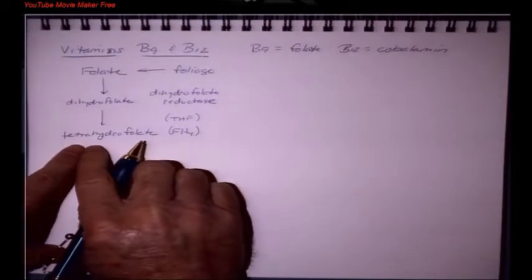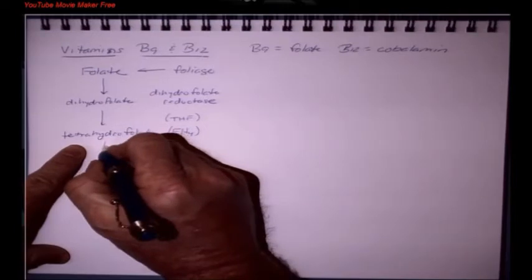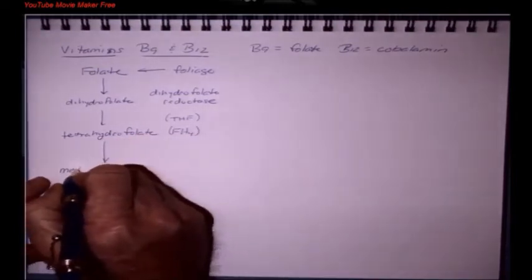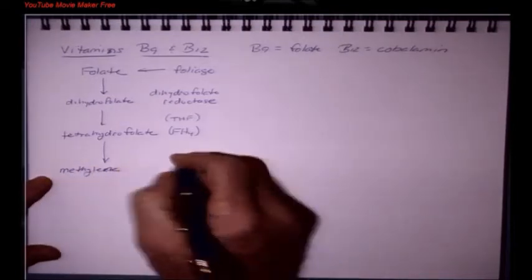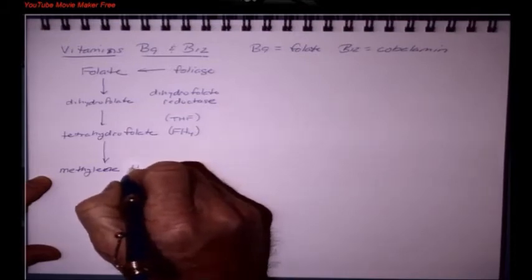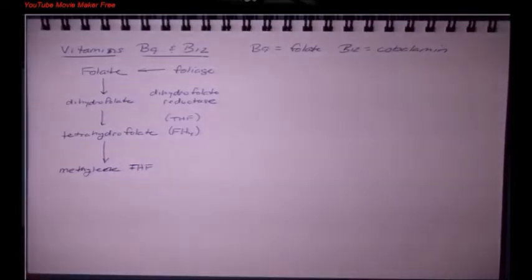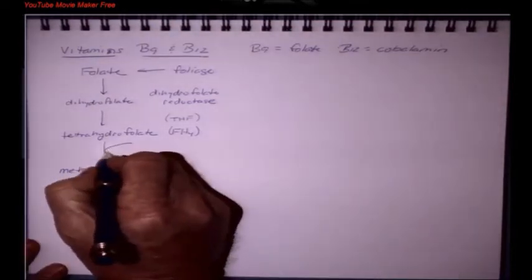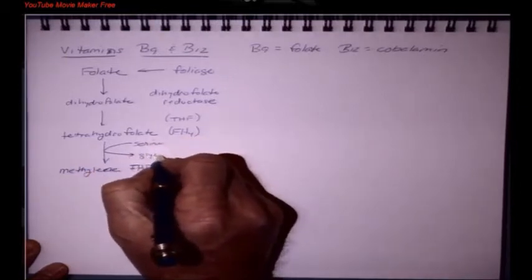So with tetrahydrofolate, the next thing that we are going to do is convert this into methylene tetrahydrofolate. I'll use the First Aid designation THF. Now, what this step involves is a conversion of serine to glycine.